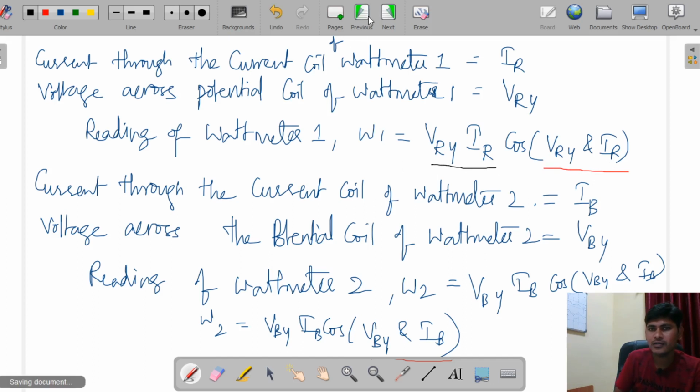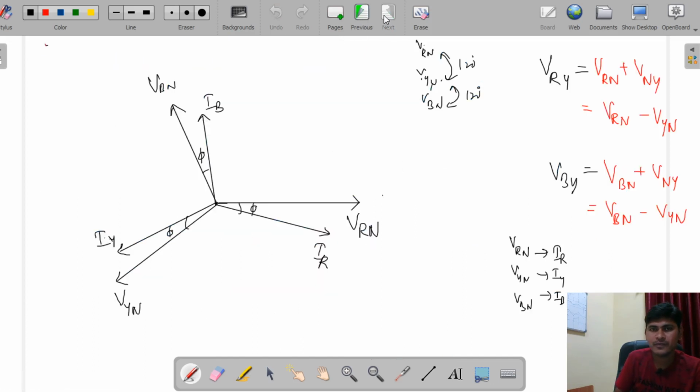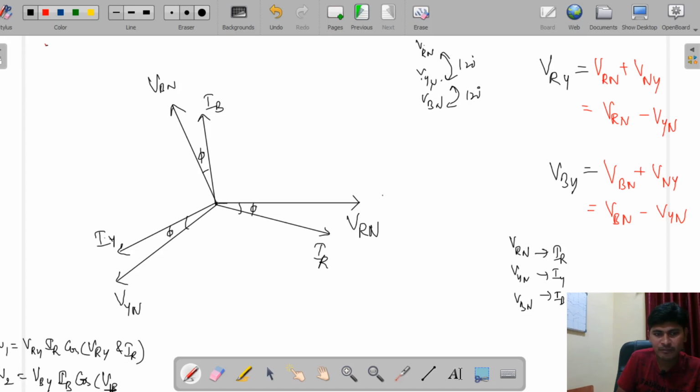So W1 is equal to VRY IR cos of the angle between VRY and IR, right? What is W2? W2 is equal to VBY IB cos of the angle between VBY and IB.